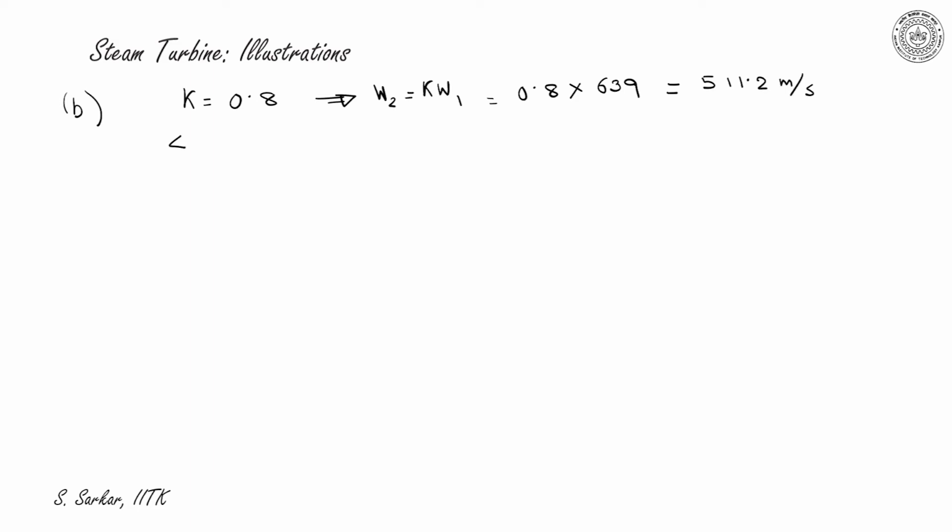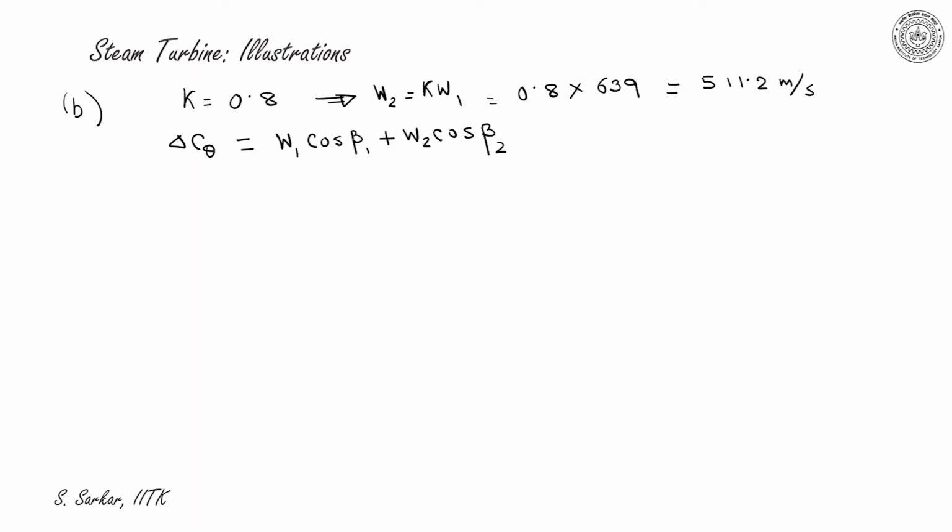Hence del C theta, now considering the velocity triangle, would be equal to W1 cos beta 1 plus W2 cos beta 2.